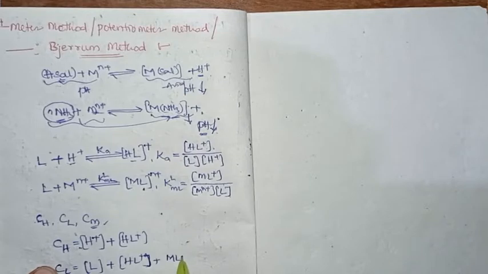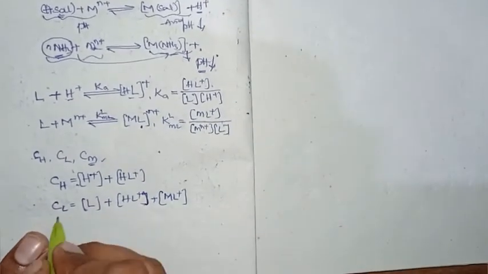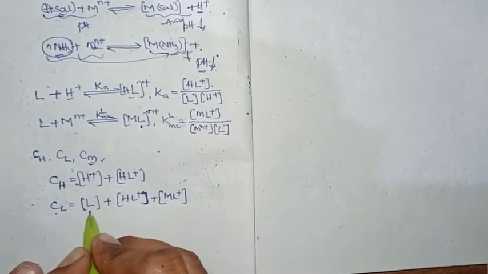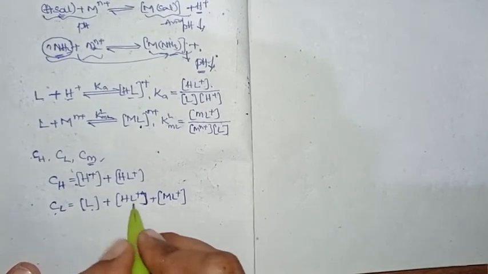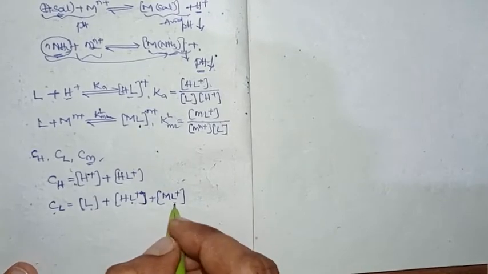So the total ligand concentration can be equal to remained ligand concentration plus protonated ligand concentration plus metal complex concentration.